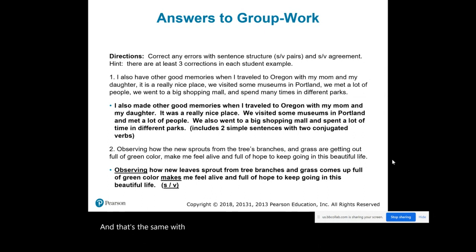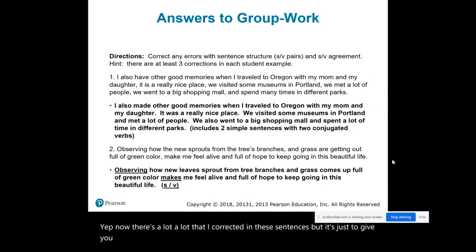We cannot use the sprouts or the leaves until we've said something about those sprouts or leaves. Okay. Okay, thank you. Yep.